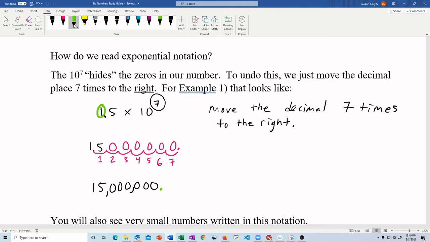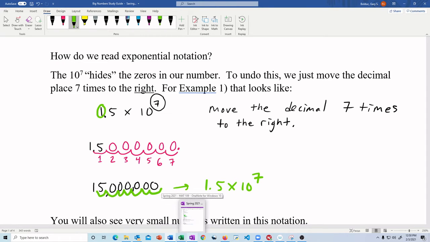If you write it 15 times 10 to the 6th, you could write that, but that's not usually the standard way you see this. You move the decimal until there's only one more spot left to go. So watch. Ready? 1, 2, 3, 4, 5, 6, 7. If I go 7 all the way down, that tells me 1.5 times 10 to the 7th.